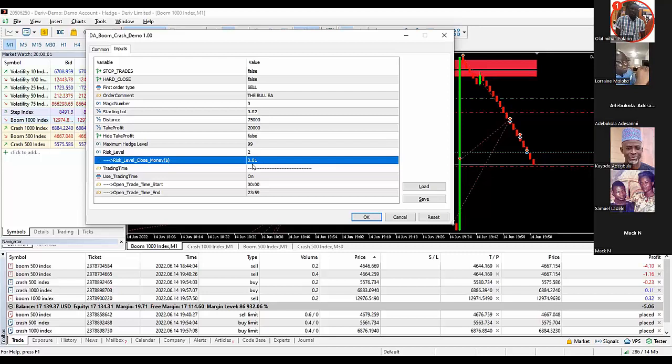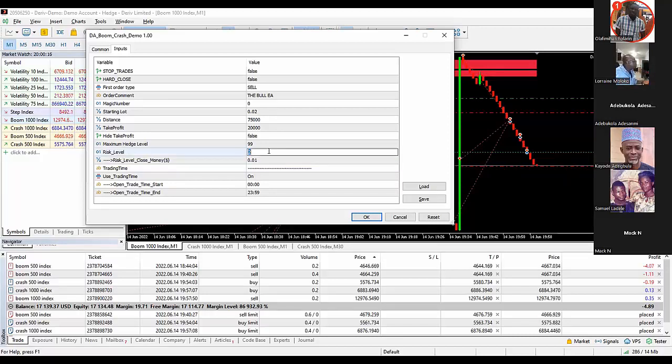In a normal Forex, we normally put stop loss, but I don't want any one of us to be having stop loss. So we put 1 cent. 1 cent is just a corrective measure for the second level. Now, you may change it to 5, like brother Adeli did. Okay.